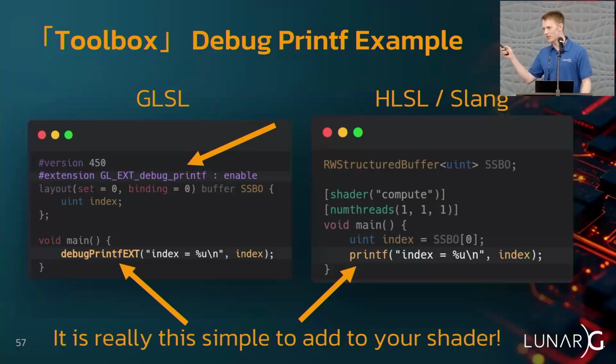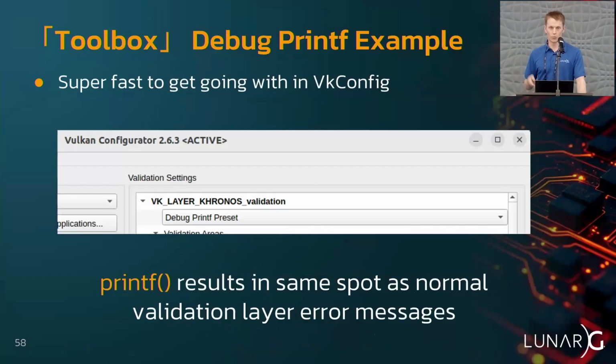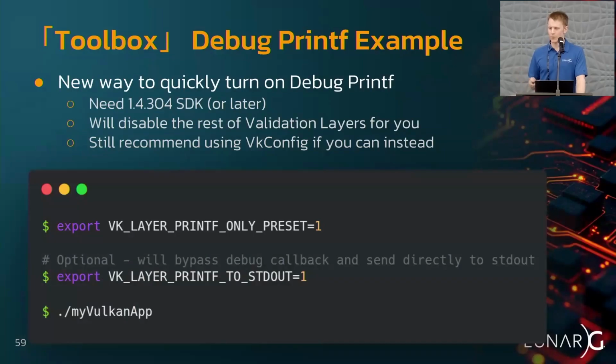Okay, so once you do this, you need someone to consume this value, right? So what I'll tell you right now is just go to the VK config and turn on the debug printf settings. This will just replace your normal validation error messages spot with printf. Another thing that's nice is it turns off all of core validation for you, so it's only printf. But we found that many people wanted a faster way to get going, and for various reasons might not have VK config.